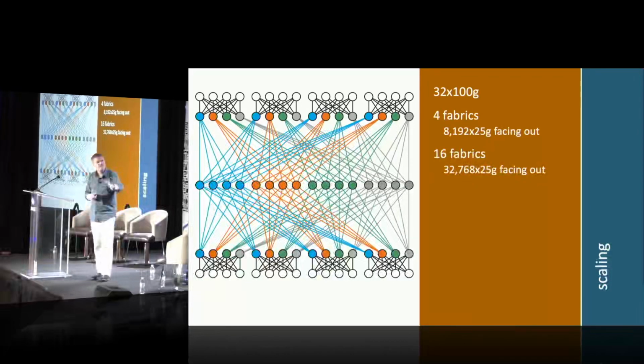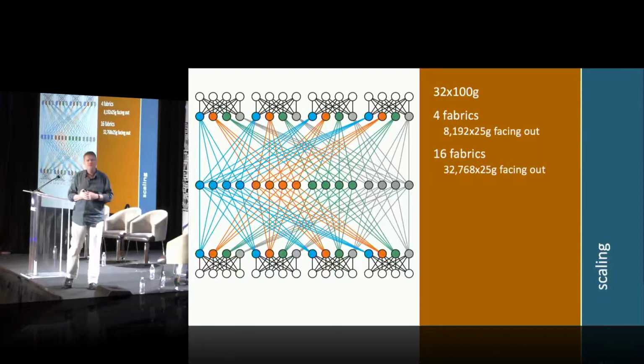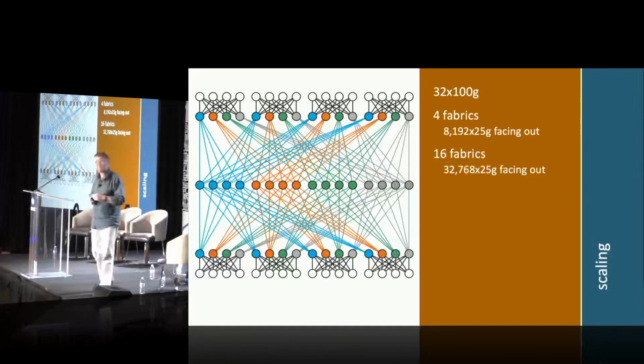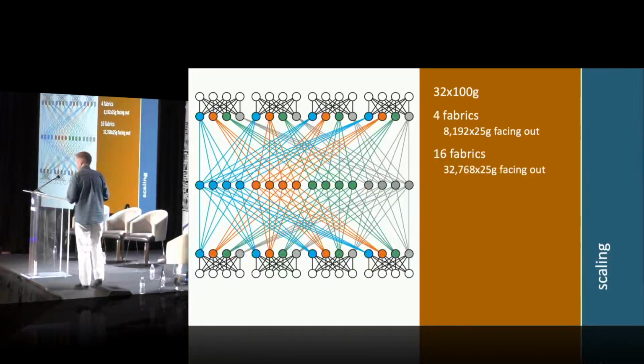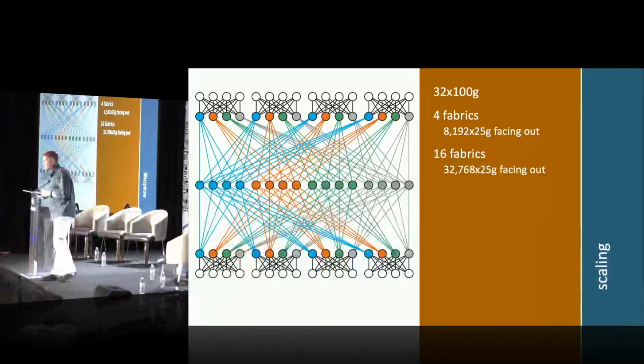If I was running that, I would get 8192 by 25 gig ports facing out with 4 fabrics with a 32 by 100 device. The max size I can build with 32 by 100 in a butterfly is 16 fabrics. Why? Because 32 divided by 2 is 16. So I can have 16 fabrics, which gives me 32,768 by 25 gig facing out ports on that size fabric.